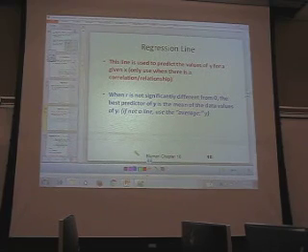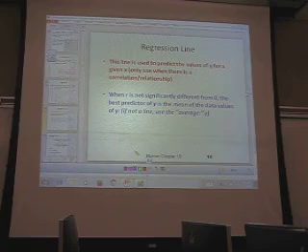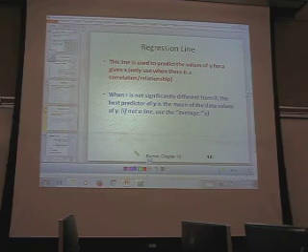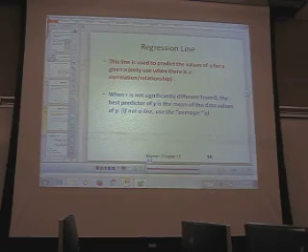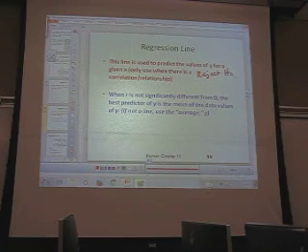Zach, read. This line is used to predict the values of y for a given x only used when there is a correlation or relationship. Okay, so pause for a second. In other words, you only do this when you reject H naught. In other words, it is a line.